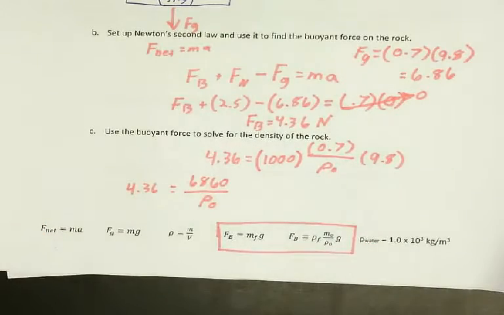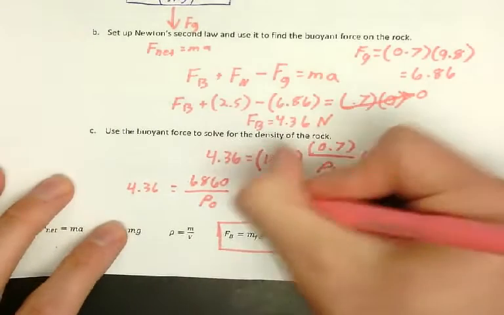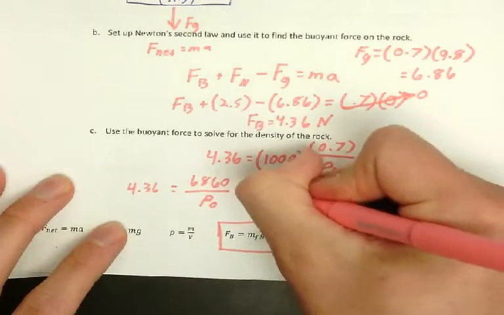I don't want density of the object in the bottom. I need to get rid of that, so I'm going to multiply that to both sides.